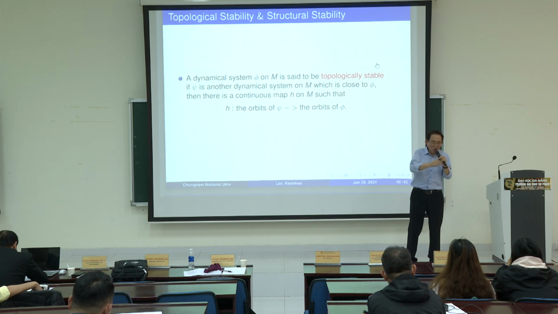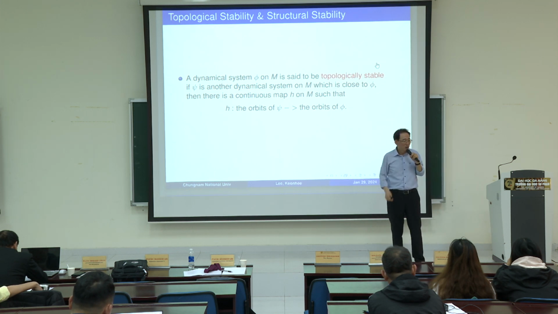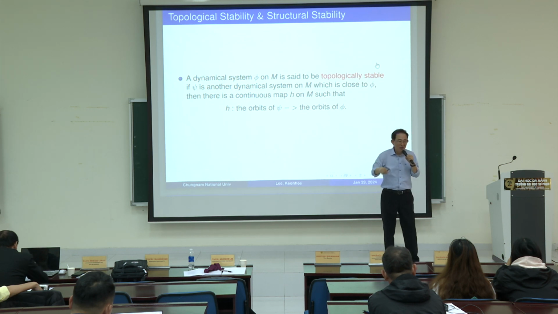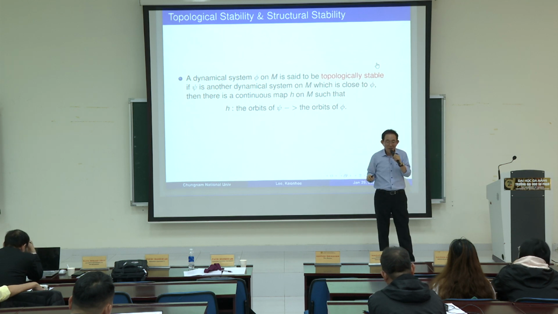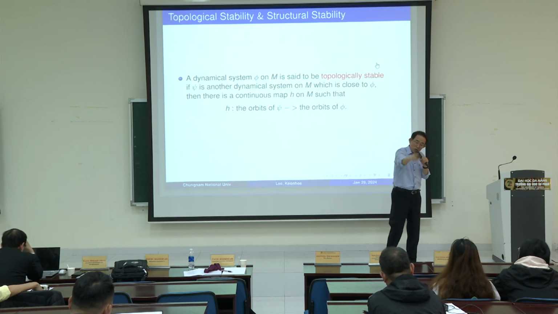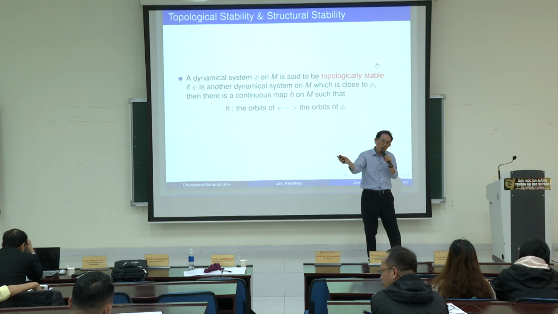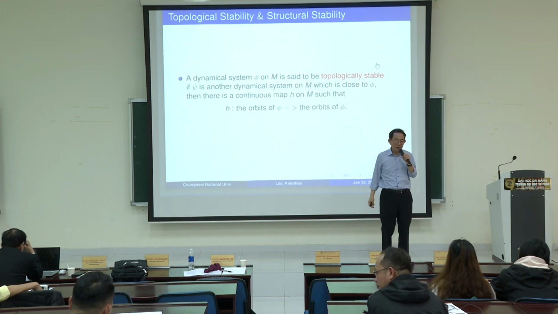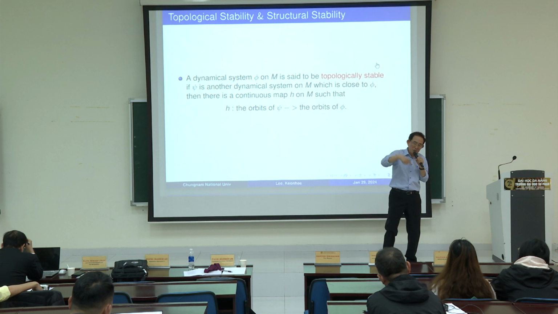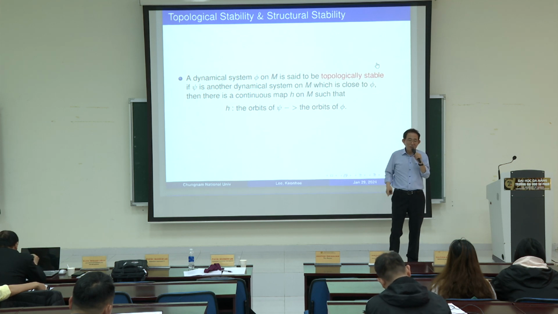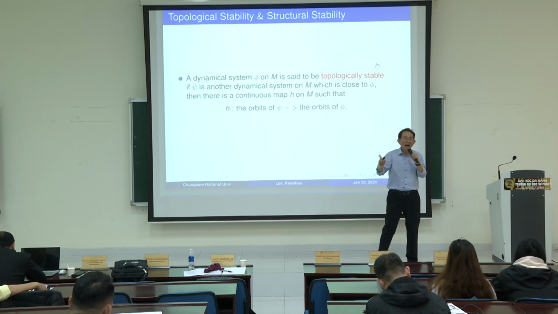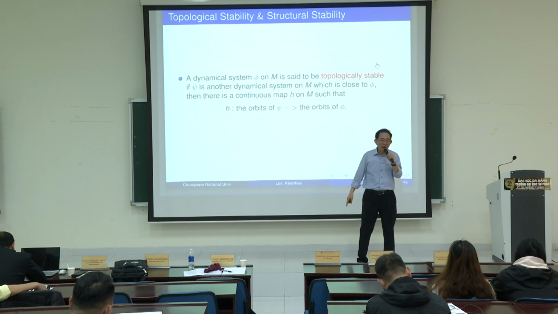What does it mean for two groups to be equal? As a set, equal, and the operation preserved. So when two groups are isomorphic, we say we identify them. Say two topological spaces are homeomorphic. So the classification problem in mathematics is very important: when they are isomorphic, when they are homeomorphic.